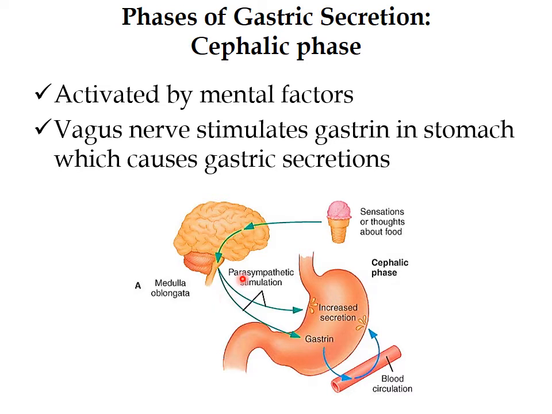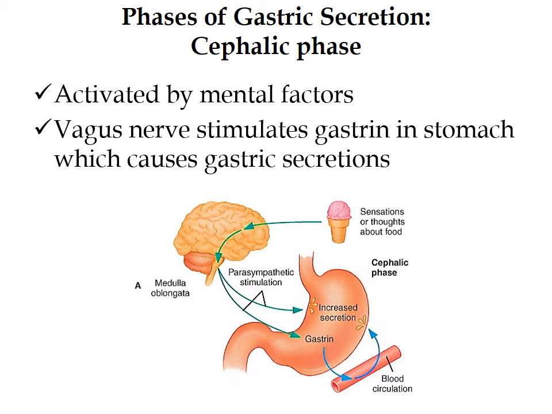So this particular phase is purely neural in origin. That means the smell of food, the thought of food, or seeing food, any of these will cause a mental factor. That's why it is written mental factor. The brain is involved, and prior knowledge is required, right?